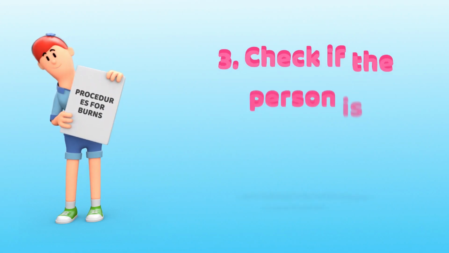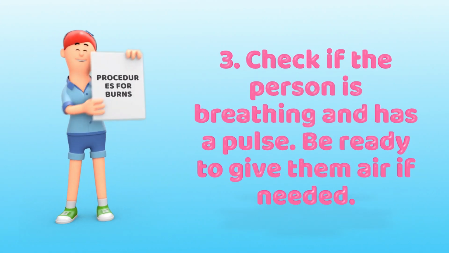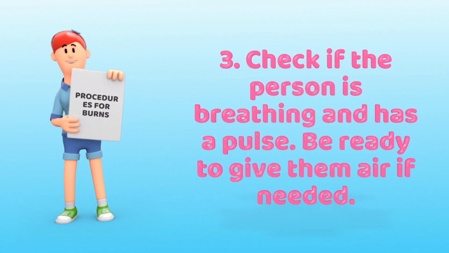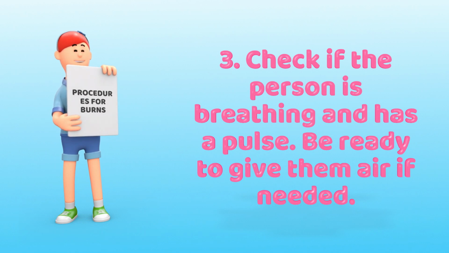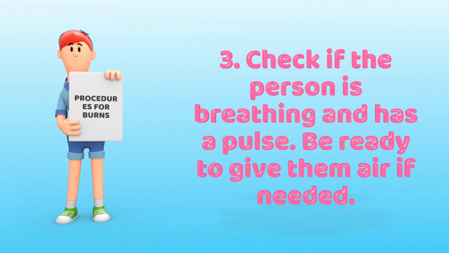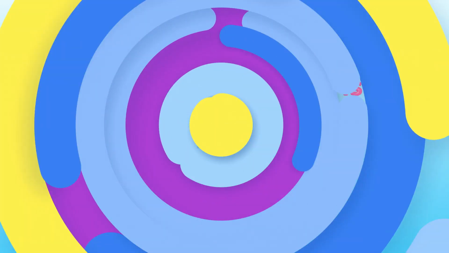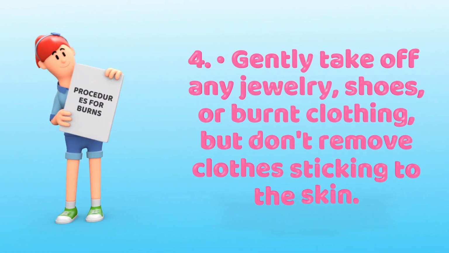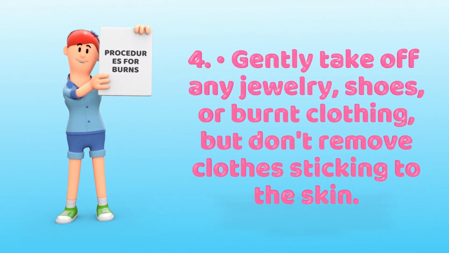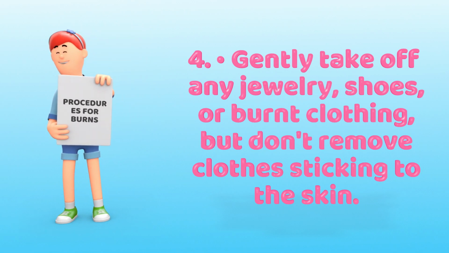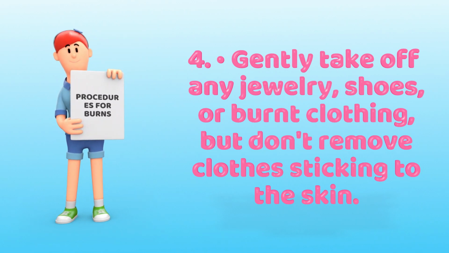Number 3, check if the person is breathing and has a pulse. Be ready to give them air if needed. Number 4, gently take off any jewelry, shoes, or burnt clothing, but do not remove clothes sticking to the skin.